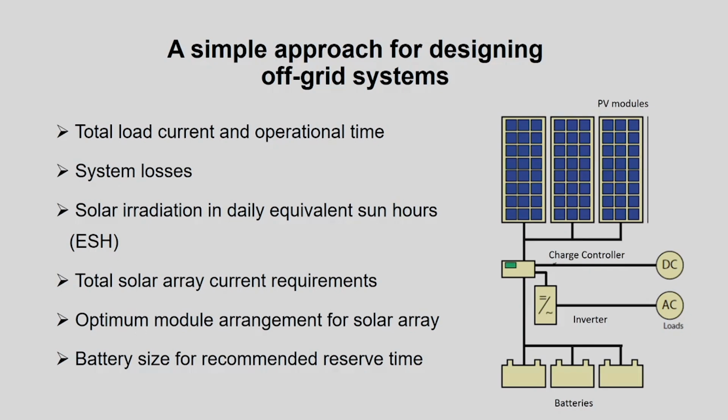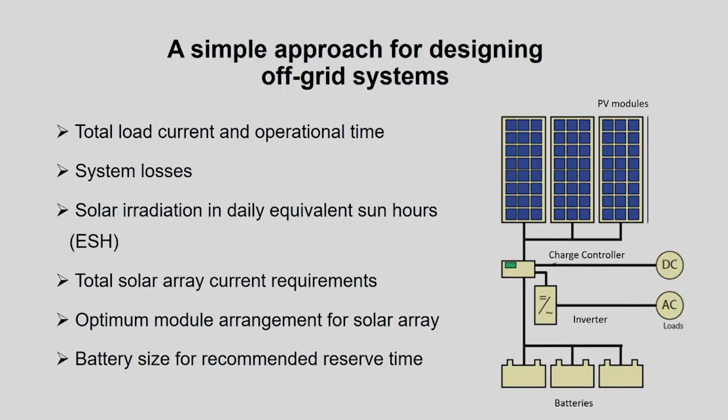Then we need to determine total solar array current requirements, the optimum module arrangement for the solar array, and finally the battery size for the recommended reserve time. Configurations are something like this: modules, surge controller, DC load, AC load, then inverter, and then batteries.